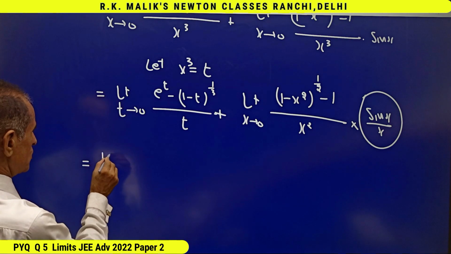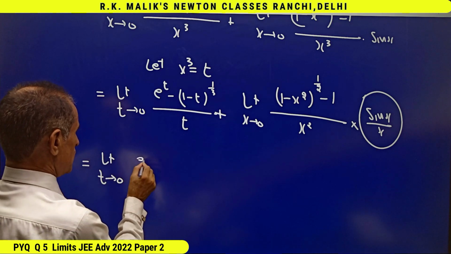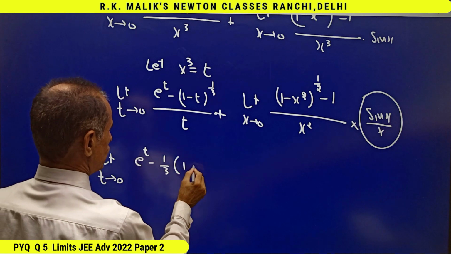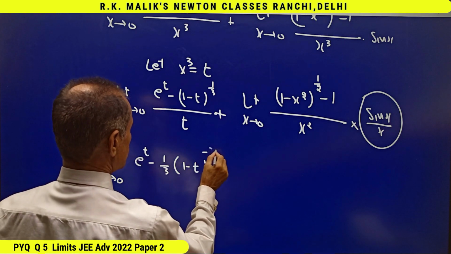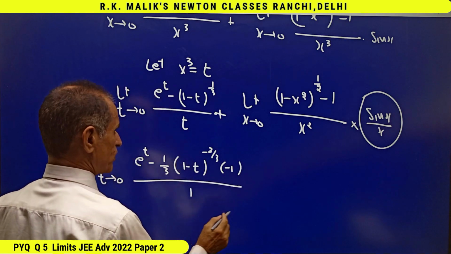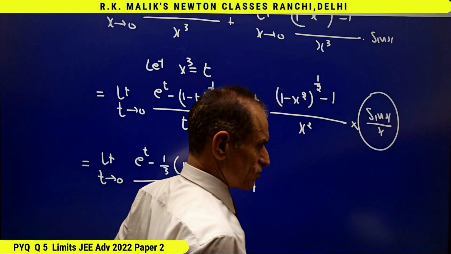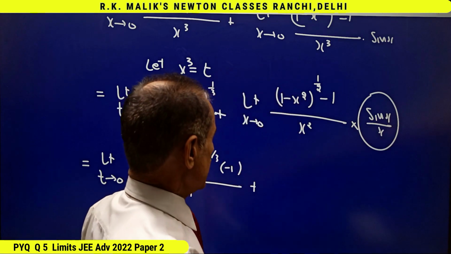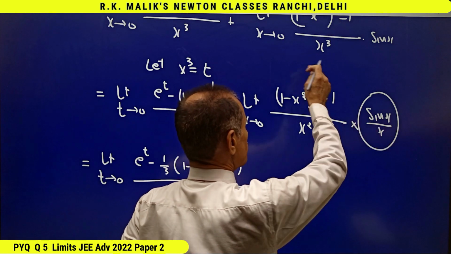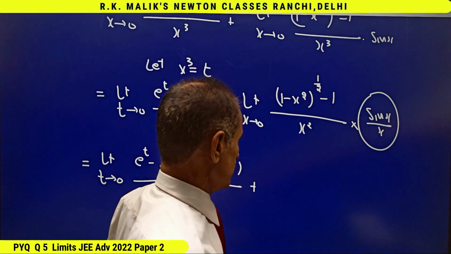I get e power t minus 1 by 3 (1 minus t) to the power minus 2 by 3 into minus 1 upon 1 plus the limit of this part is 1, and I'm allowed to take the limit of this part because this is in multiplication with the remaining whole question on which the limit is operating.